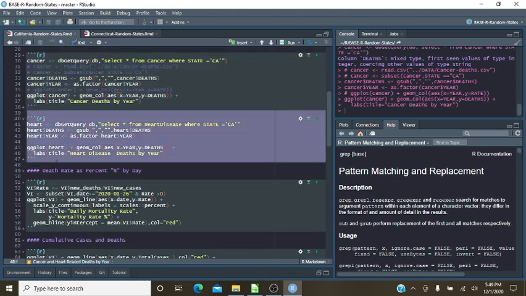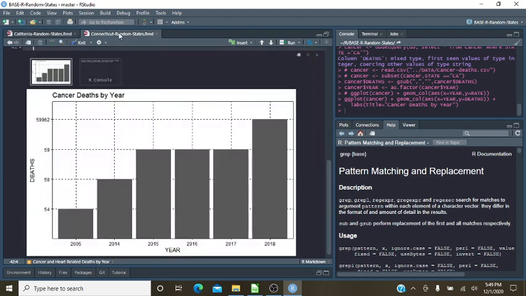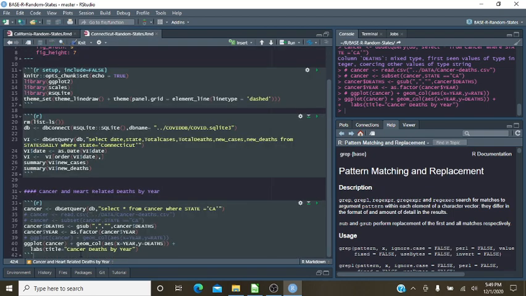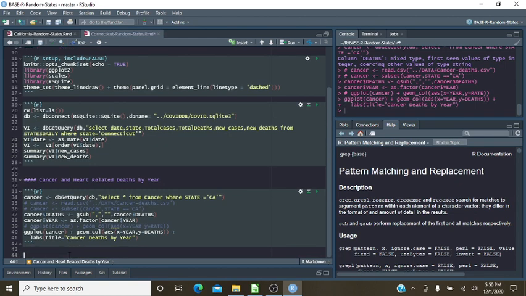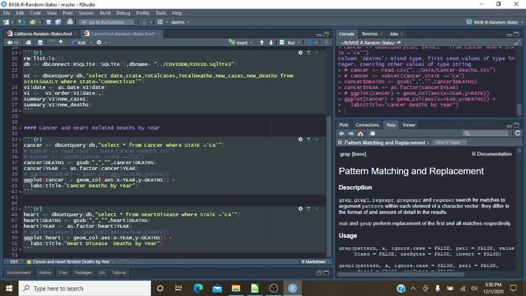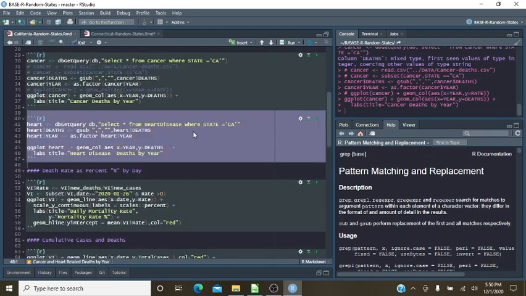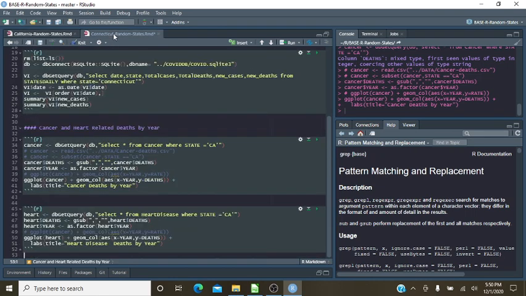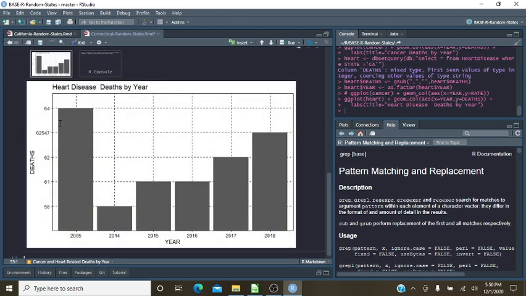Now we do the same thing with heart. Let's take a look at this now. This is heart. You can see that currently at 2018 they were having 62,547 heart-related deaths.